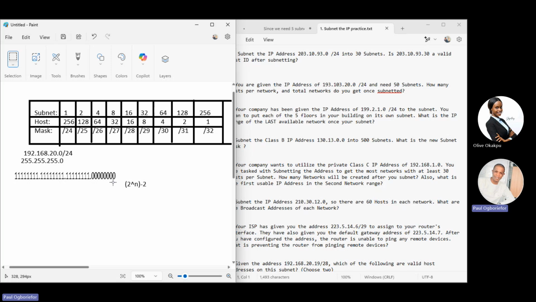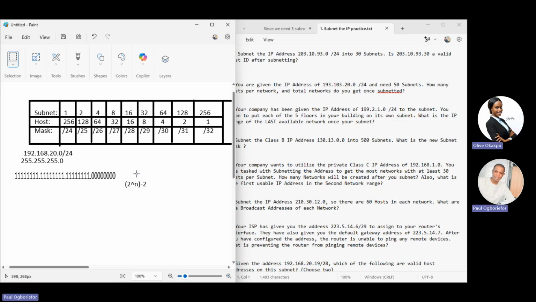The number of hosts remaining is 6. If you do 2 raised to the power of 6, it will give you 64, which is the total number of IP addresses that will be in each of the 4 networks.